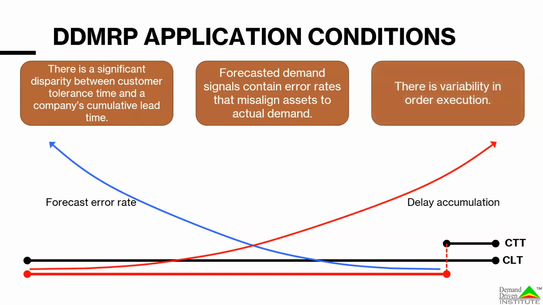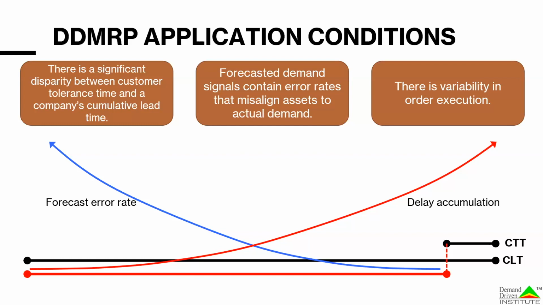The longer the cumulative lead time, the more points you have to integrate, the more delay accumulation you get. What we have here is bidirectional. This is demand signal distortion that goes upstream. This is supply continuity variability that goes downstream. Both are proportionate to the length of the cumulative lead time and the length of the make-to-order gap.